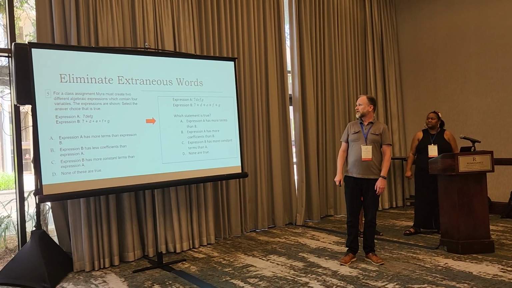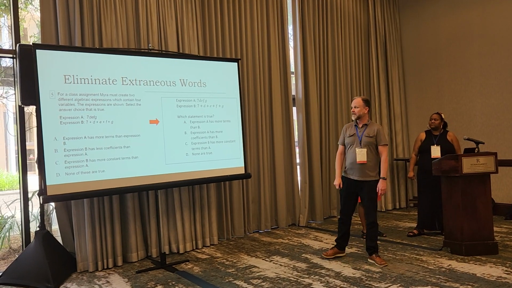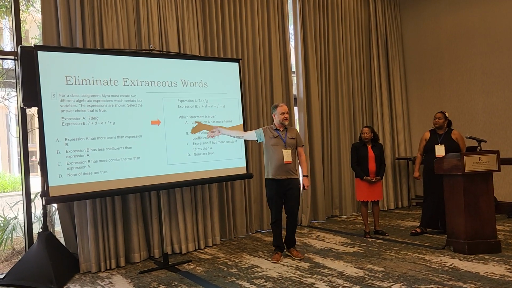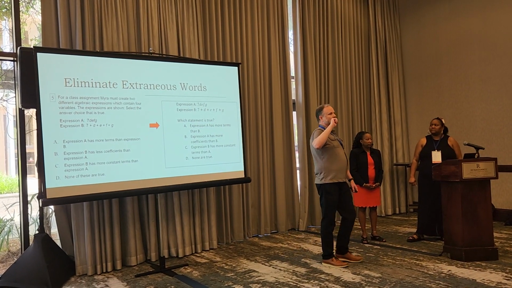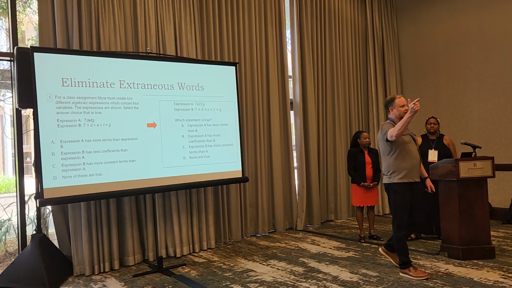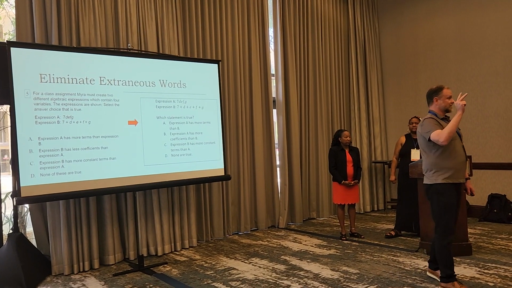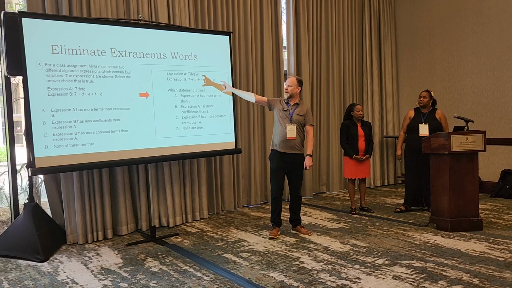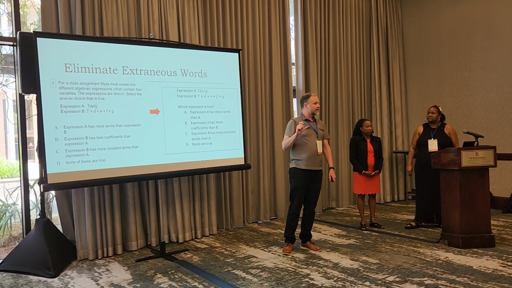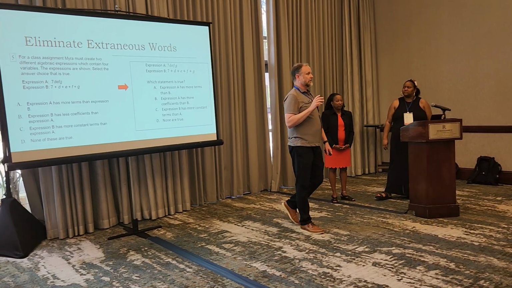Another thing I did was eliminate extraneous words. So this problem was very frustrating to me. Because all this problem is trying to determine is if they know what a coefficient is, if they know what a variable is, and they know what a constant is. They have this whole paragraph about an assignment for Myra that has nothing to do with what they're trying to be evaluated on.